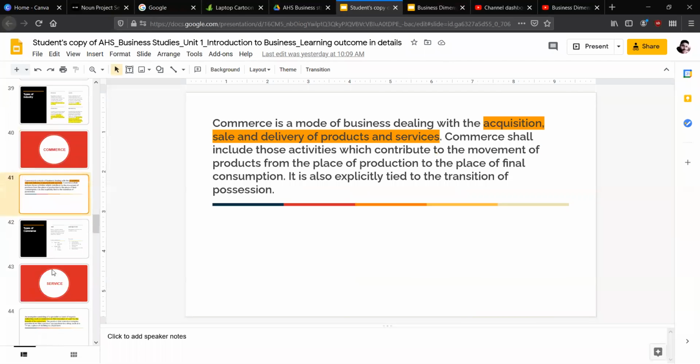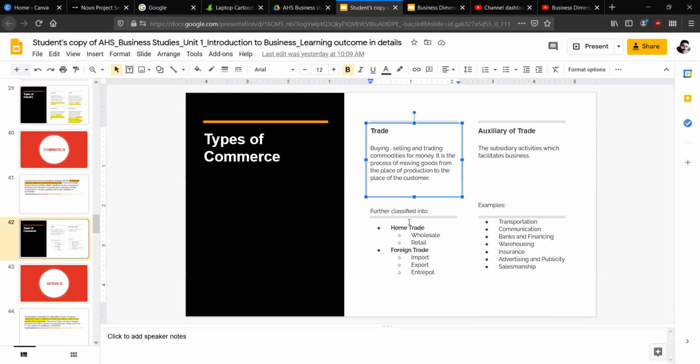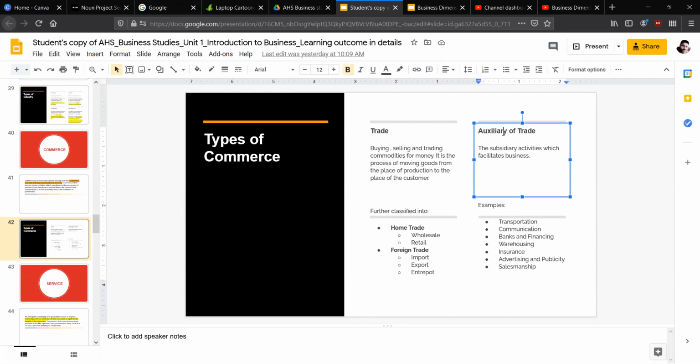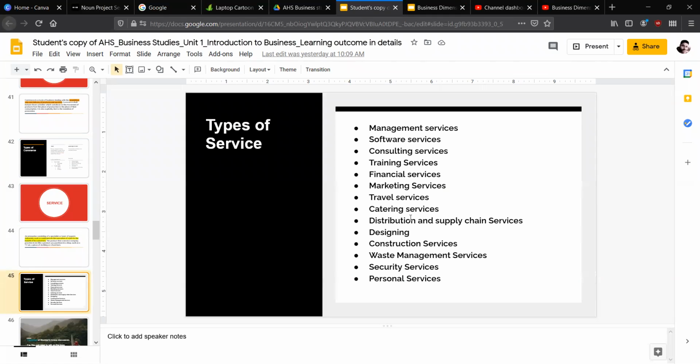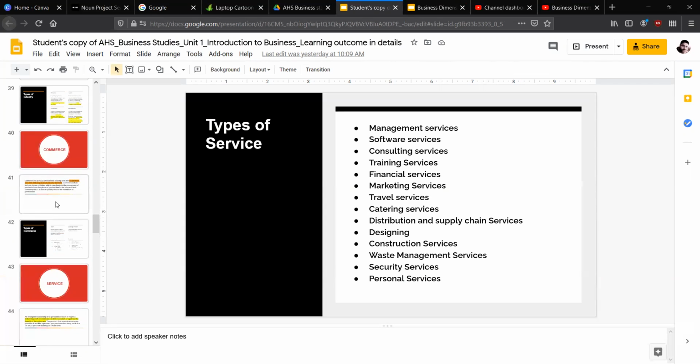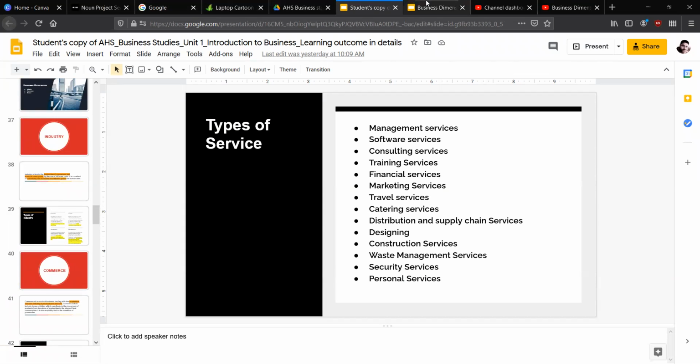Commerce, you have trade, home and foreign, and you have auxiliaries of trade, so storage, transportation, communication. So this is what I'm talking about. This is what you need to do. Refer to the slides to get the information. And of course, services, we have some examples that I've given to you. This should be easy.